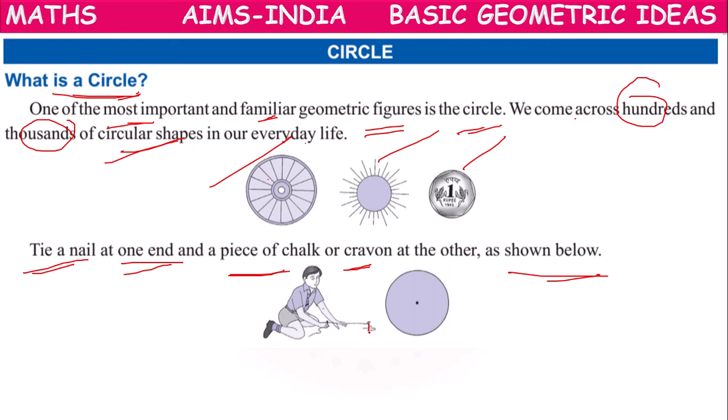Means with a pencil or anything which can make a mark, you can take it at one end and tie a nail with the help of a thread. Tie the chalk or crayon, something which can mark, like a chalk piece, at the end of a nail.